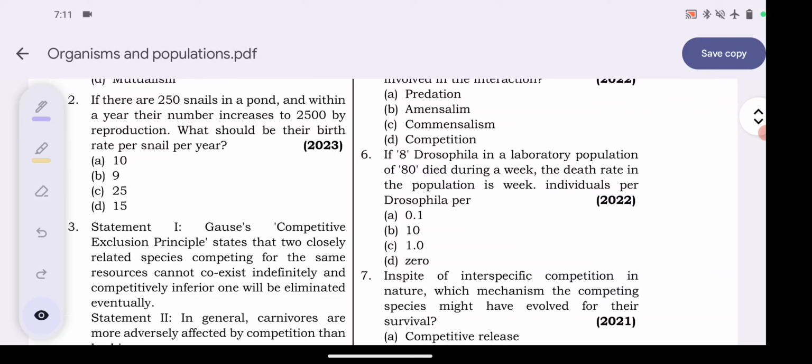The number by which the snail population increased is 2500 minus 250 equal to 2250. So birth rate per year equal to 2250 upon 250, that is 9 is your answer. Option number B will be your correct answer.